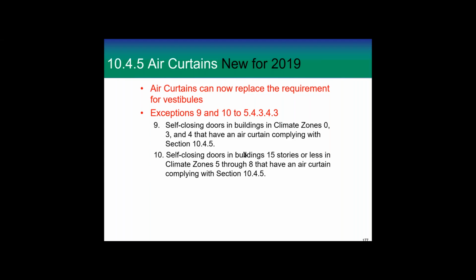So it's got to be a self-closing door. It's got to have a closer. Self-closing doors 15 stories or less in climate zones 5 through 8 that have an air curtain comply with section 4.9.4.5. So the stack effect of a 16-story building was too much to overcome by the air curtain side.